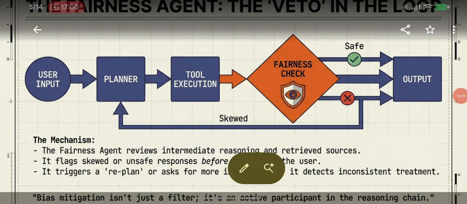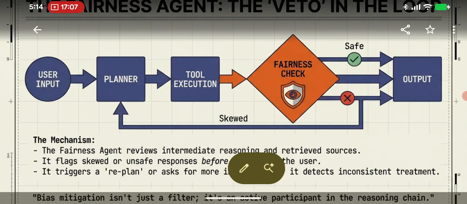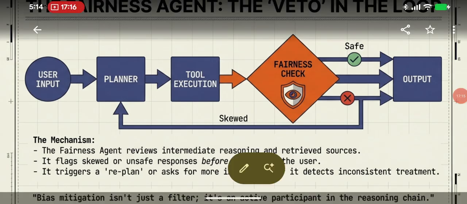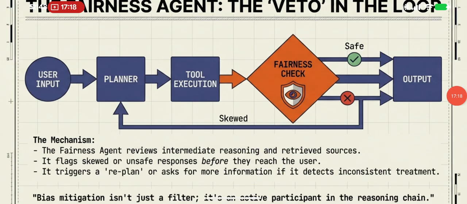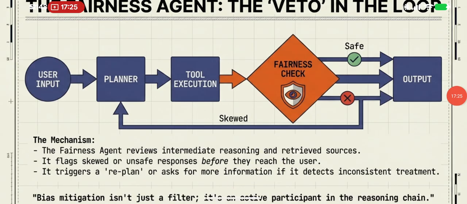How will the fairness agent work? In the flow of the workflow, once the planner and the tool execution are done by the agent, collecting RAG information or API calls, the output will be sent for the fairness check. If the fairness check fails, the information can be stored in short-term memory or long-term memory with a unique ID, and the input is looped back to the planner and tool.